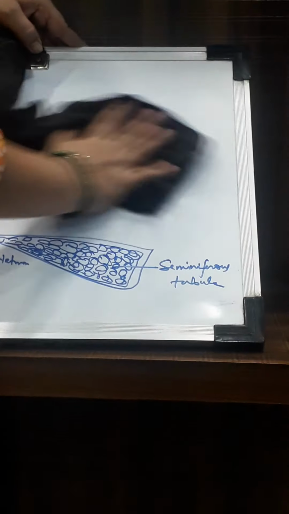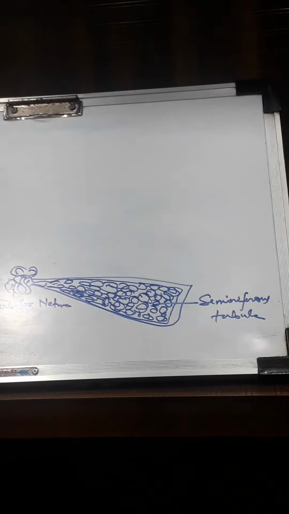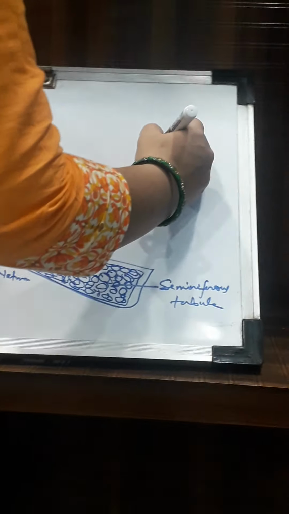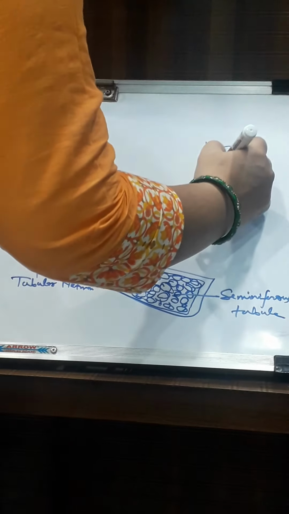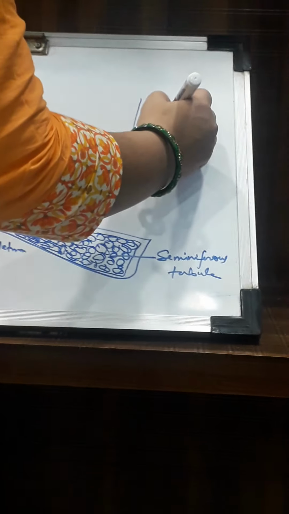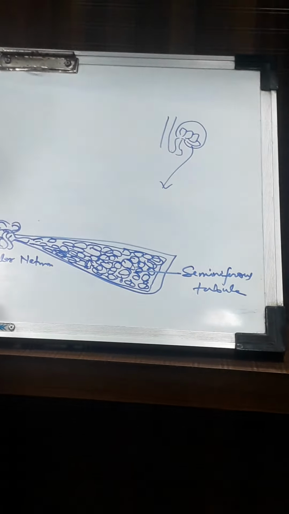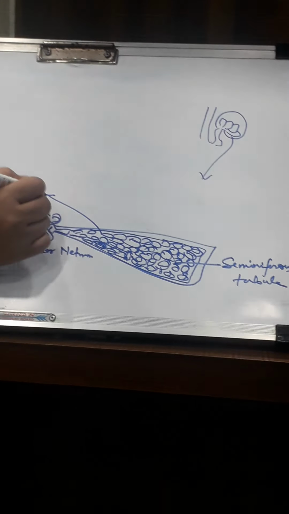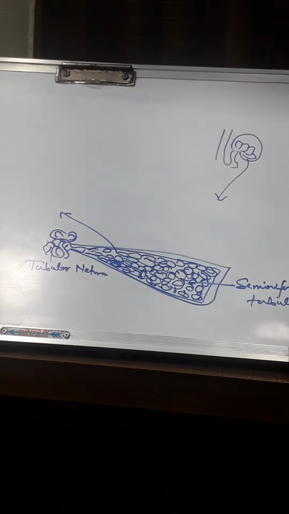Here I am drawing the rough of that. Now from here we go to another diagram, the spatial structure of the seminiferous tubule.